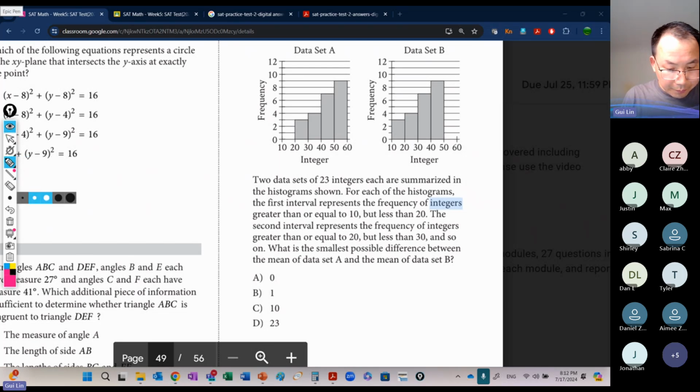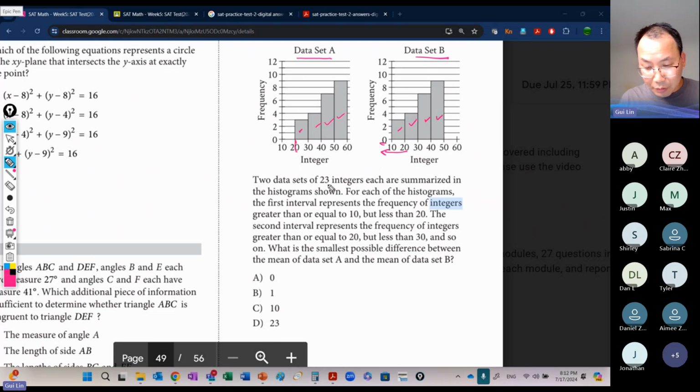What happened here? Data set A and data set B look like they have the first column the same, second column also the same, third column the same, fourth column the same. The only difference is between 200 and 230, and here it moves a little bit forward, 10 to 20. So it looks like it moves forward 10 units, right?